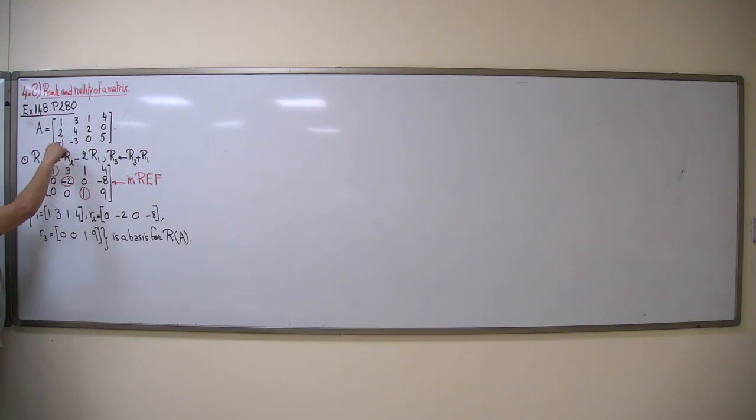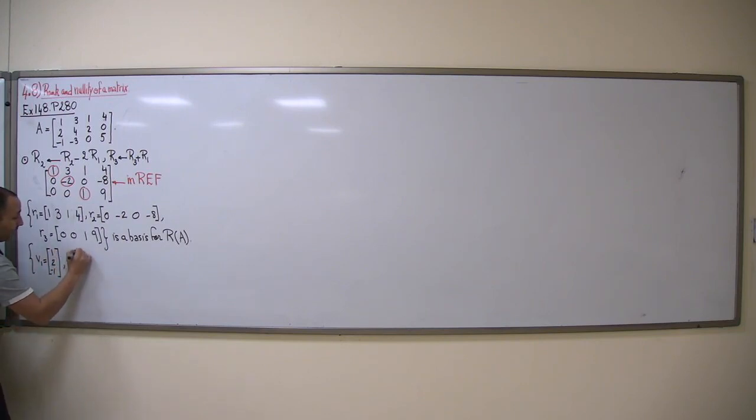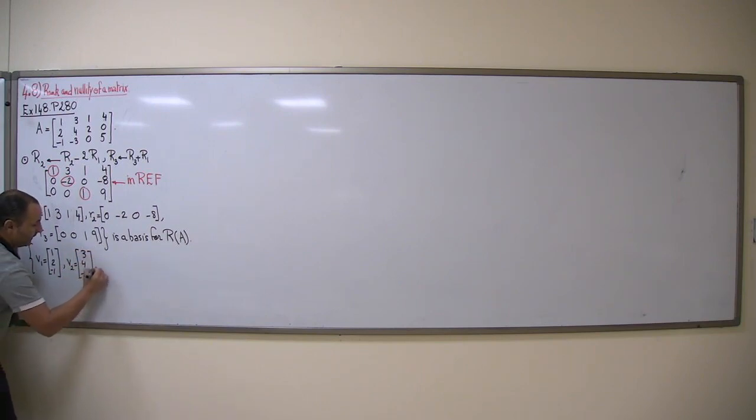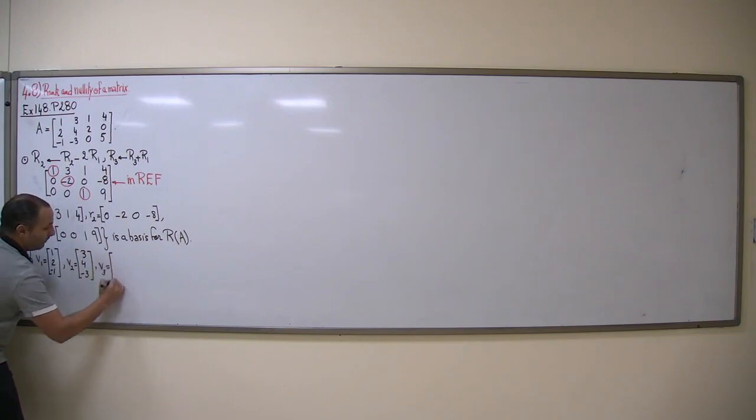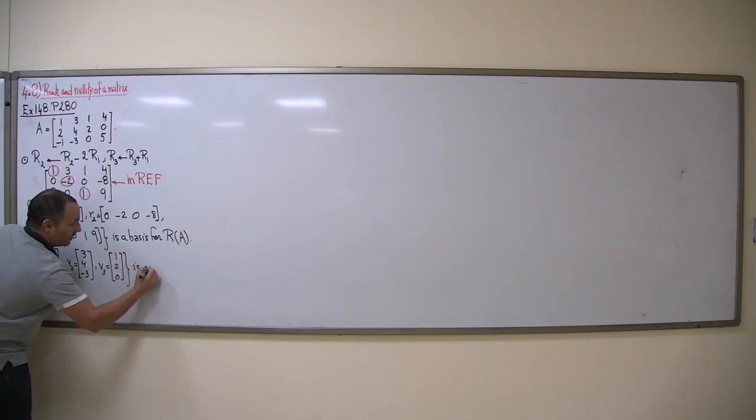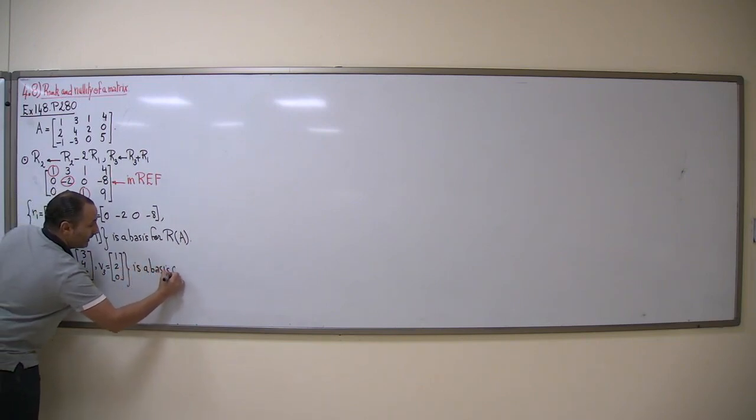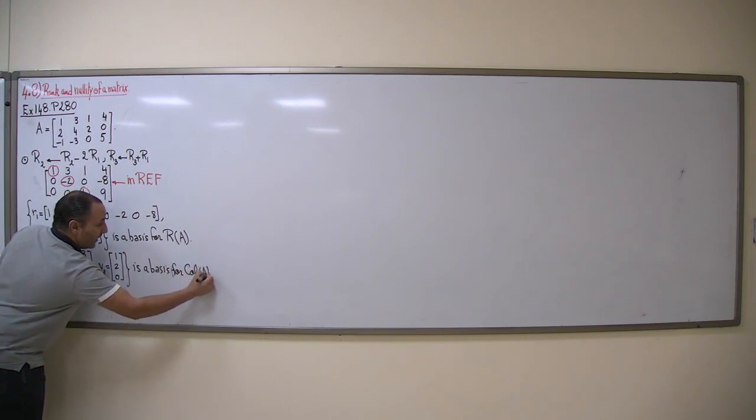I'll take the first column, second column, and third column, and I will say that these form a basis for the column space of A: V1, which is 1, 2, minus 1, and V2, it's 3, 4, minus 3, V3, which is equal to 1, 2, 0. This is a basis for the column space of A.